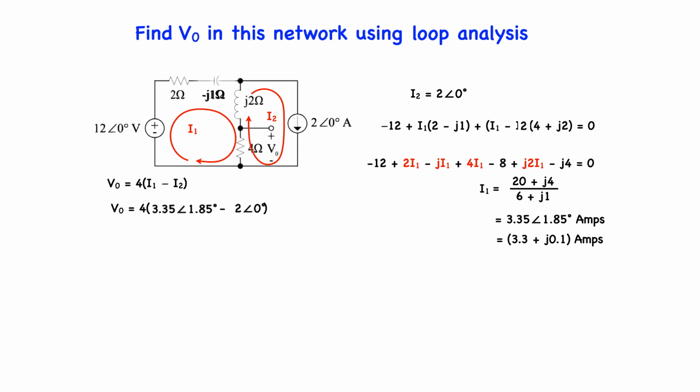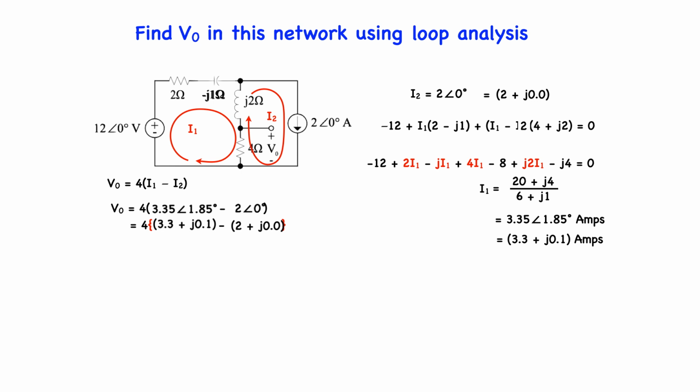Converting to rectangular coordinates in order to perform the addition, we get 4 times 3.3 plus J0.1 minus 2 at 0 degrees. In rectangular coordinates, it's just 2 plus J0.